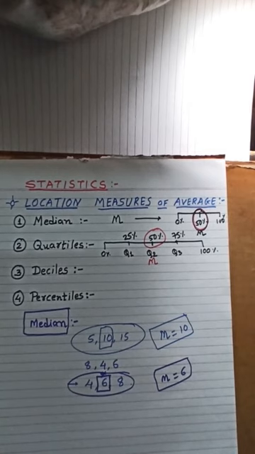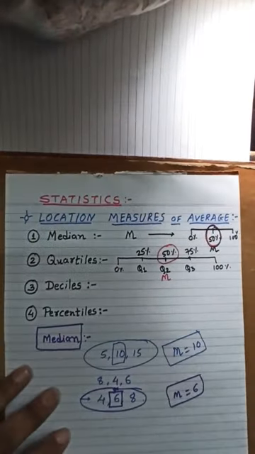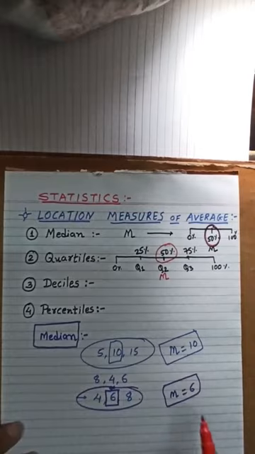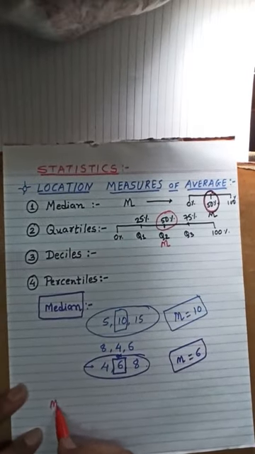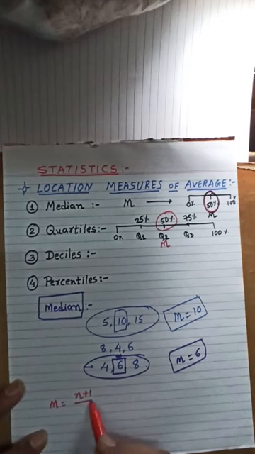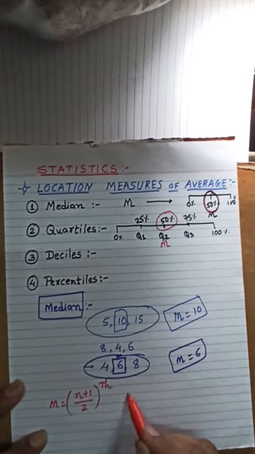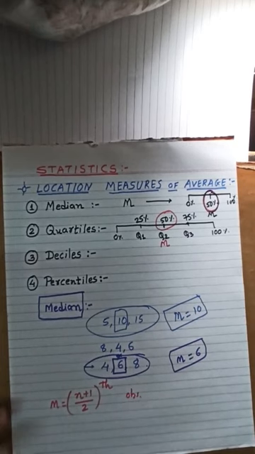Now we will go for a question. Just a minute. As per standard 10th, the formula was (N plus 1) upon 2 observation.